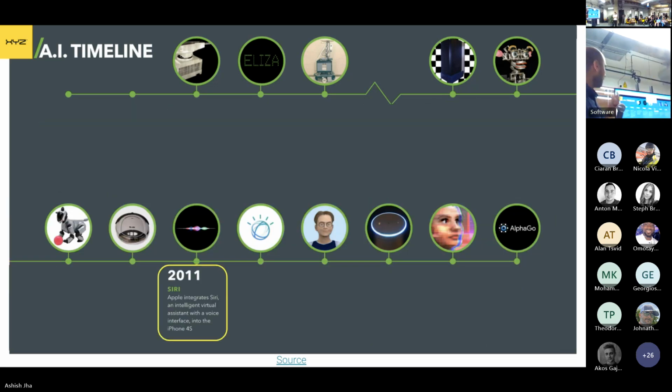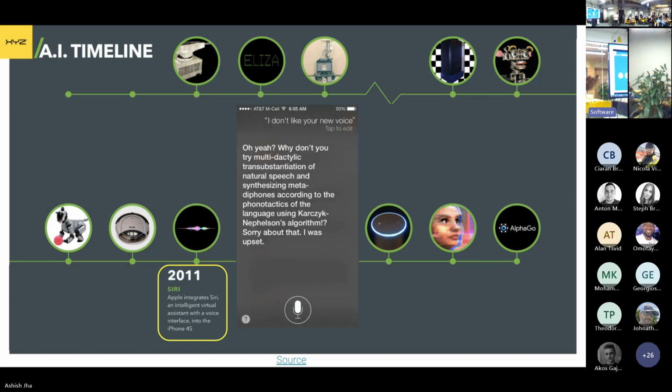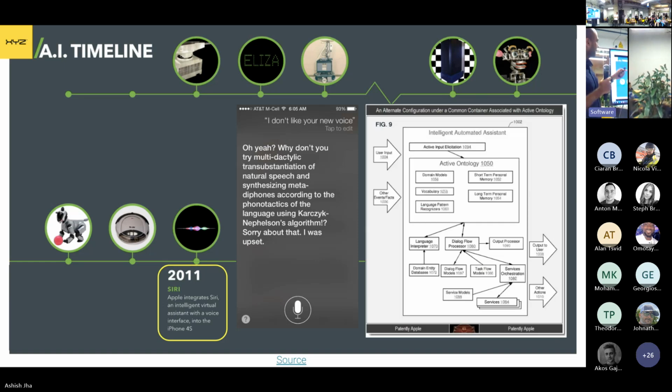This algorithm beat the then chess champion, which piqued curiosity within everyone around what AI can do. Going back to chatbots, in 2011, Apple released Siri, which I'm sure everyone knows about and how cheeky it was back then. That's a patent from Apple in 2011, showcasing what they had done to build Siri. It was nowhere close to what ChatGPT is today. It was again a lot of rules, but done in a much more robust and sophisticated manner.